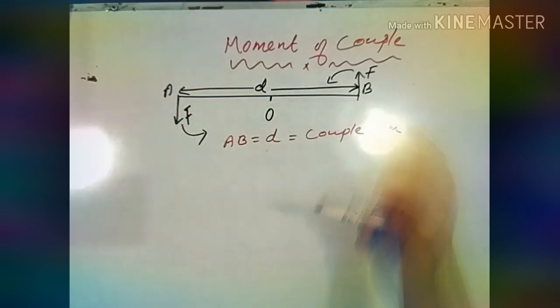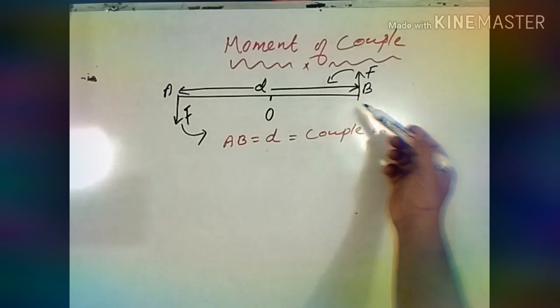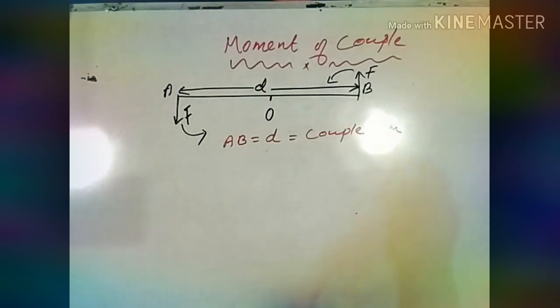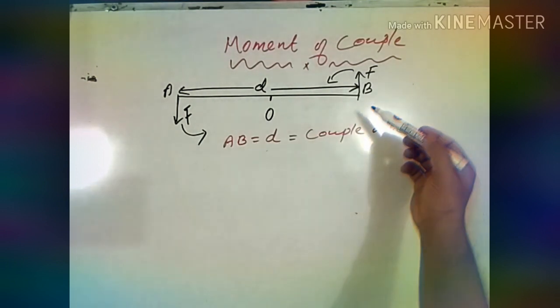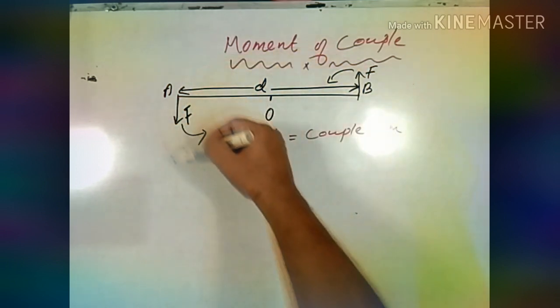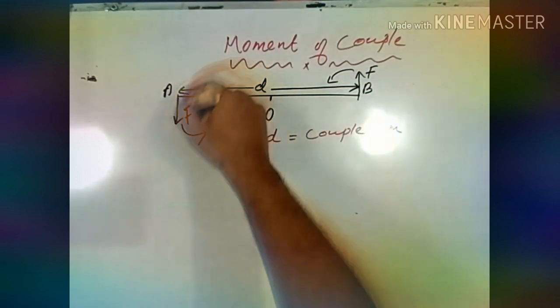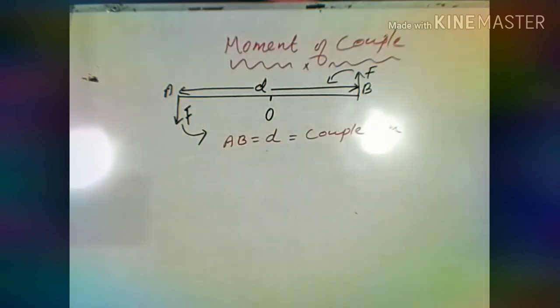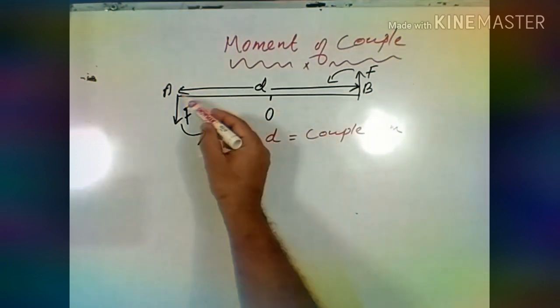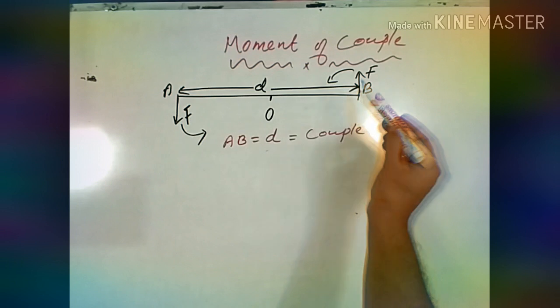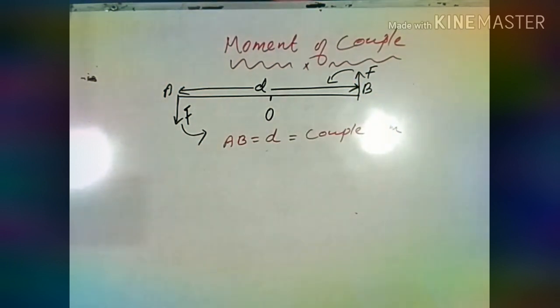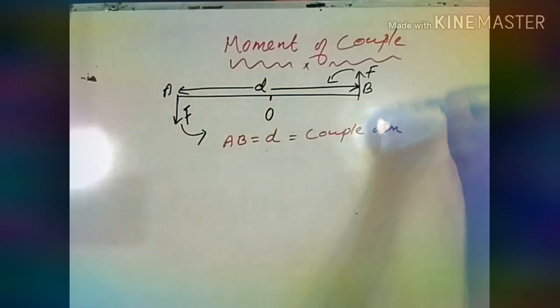There is no translational motion, but each force has a turning effect together in the anti-clockwise direction and forms a couple, and this couple rotates this bar fixed at the point O. Alright, I hope the figure is clear to you.